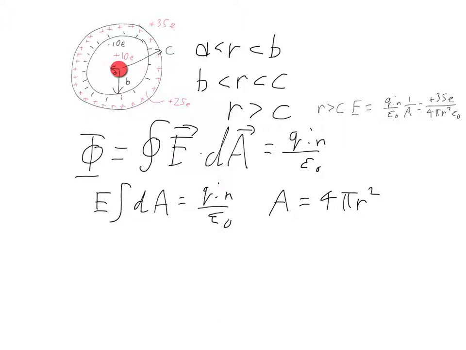And let's look at the space between the point charge and that outer sphere. Well, really we can just set up the same integral that we've already had here, but the charge inside a Gaussian surface would only contain the central point charge, in which case that electric field is simply plus 10 electric charge units over 4 pi r squared epsilon naught.